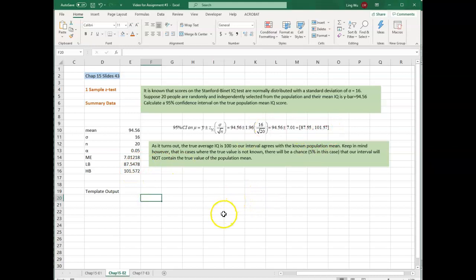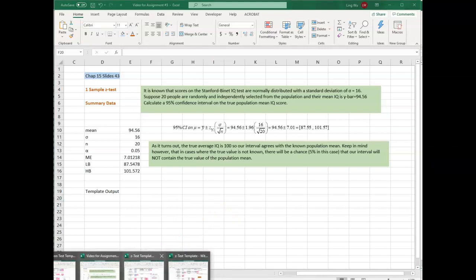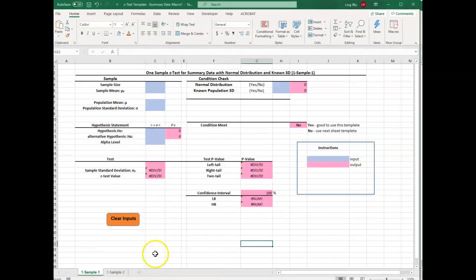And let's take a look at the one sample z-test. You probably notice there are two one sample z-tests. One is called the template with summary data, and one is called with data.